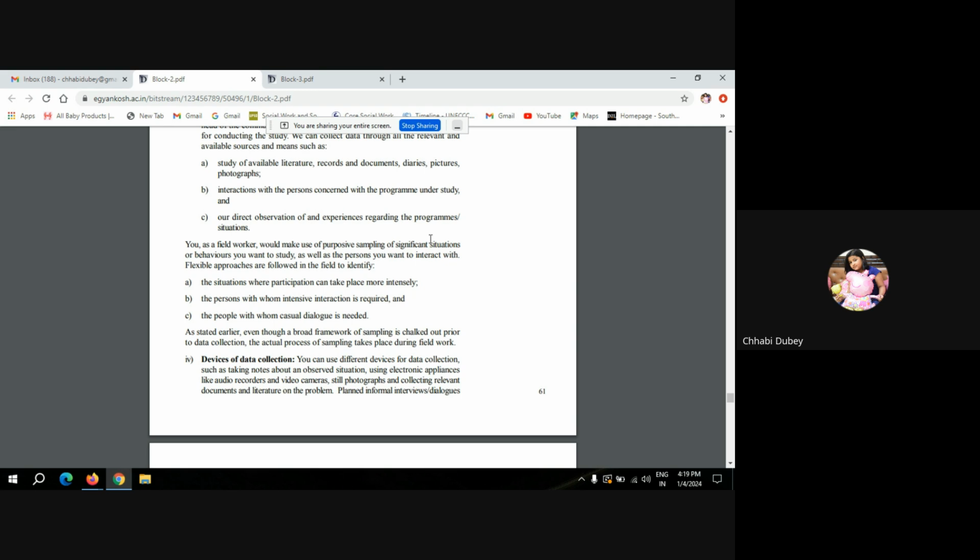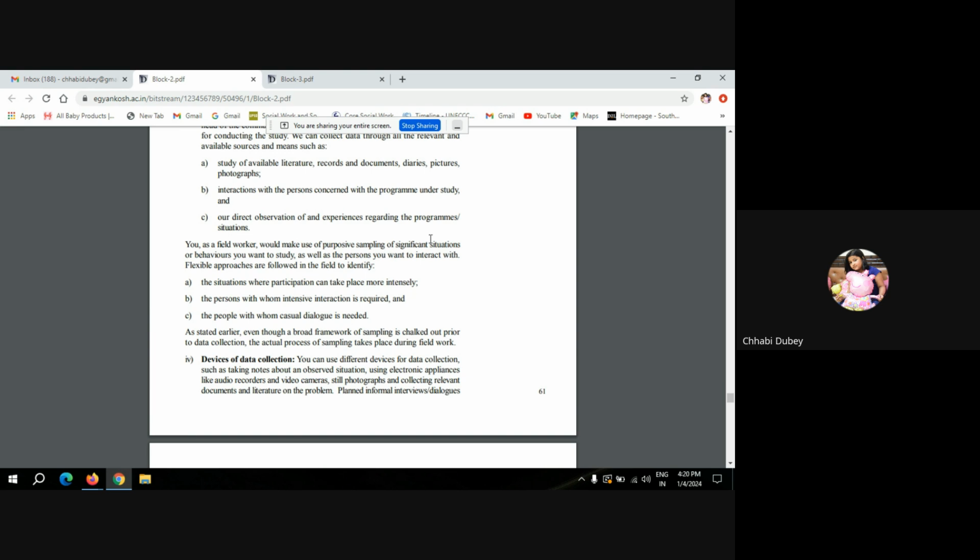This will be identified once data collection starts. Even though a broad framework of sampling is done, the actual sampling generally takes place during the field work.